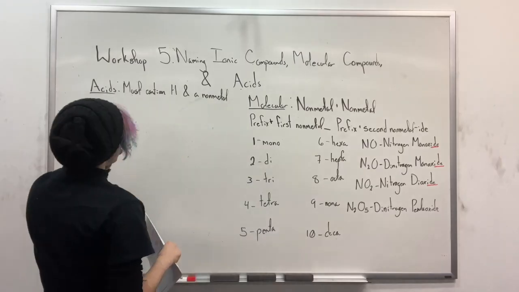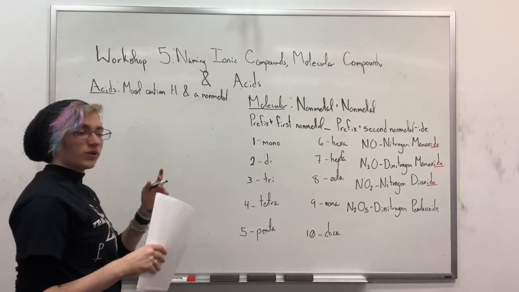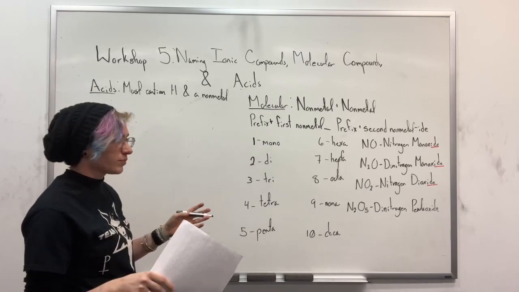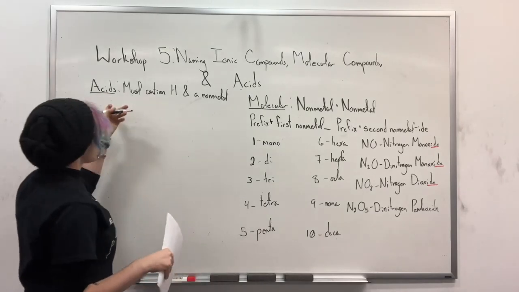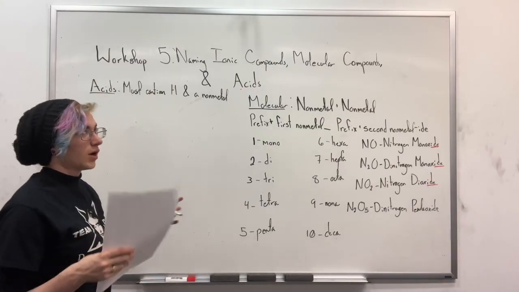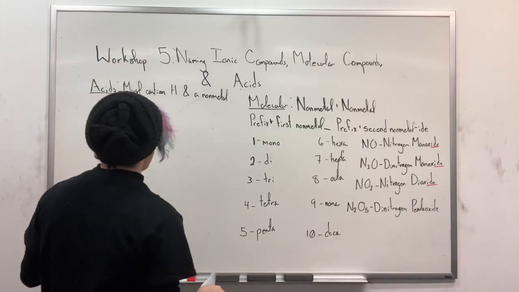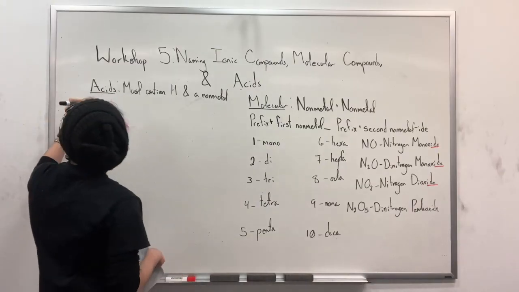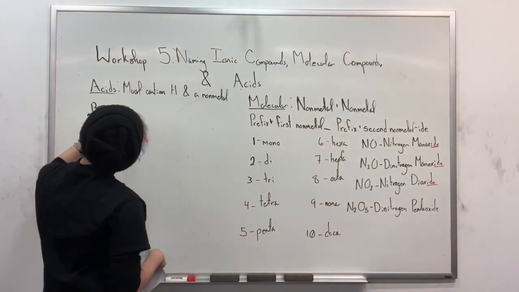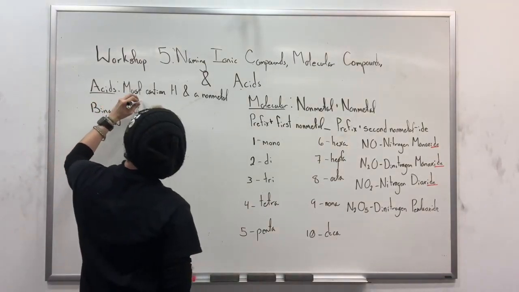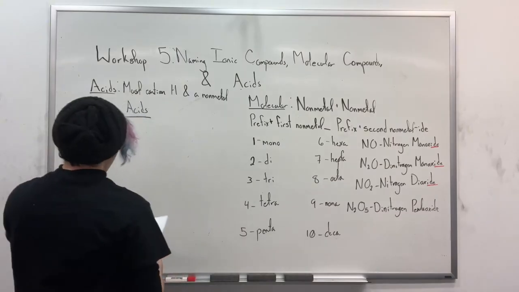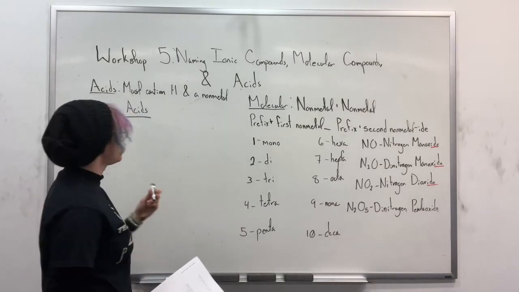And now, ionic compounds, we have two different naming systems of the main group naming and the transition metal naming. Acids are going to have two ways of naming them, either binary acids or polyatomic acids or oxyacids. So to go over binary acids, binary acids are only going to contain two elements.